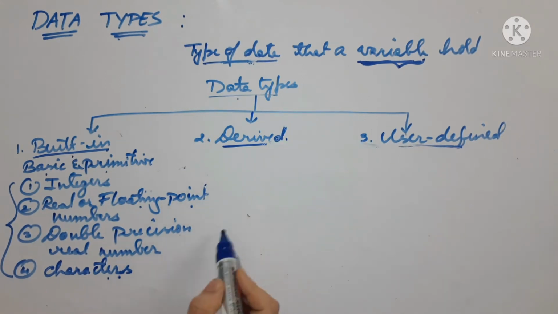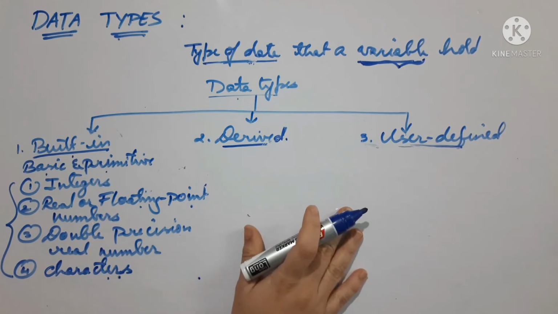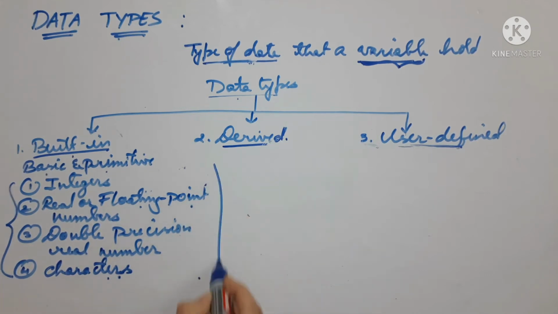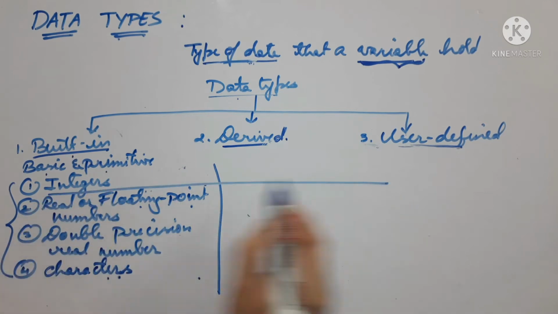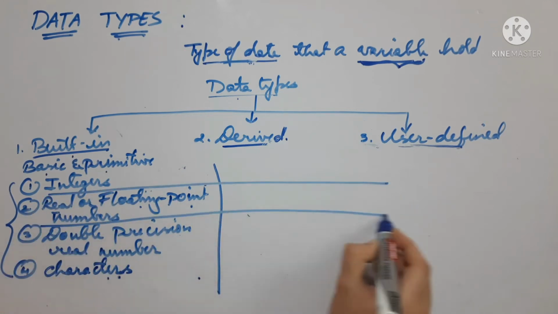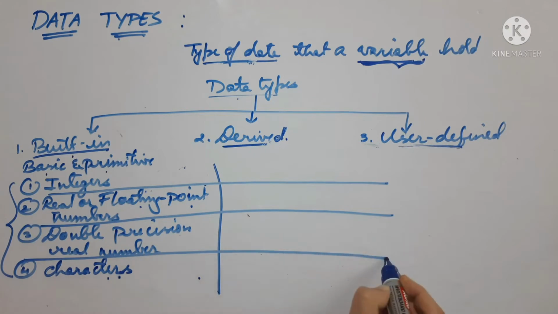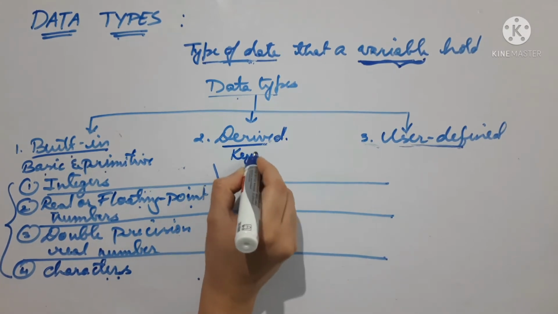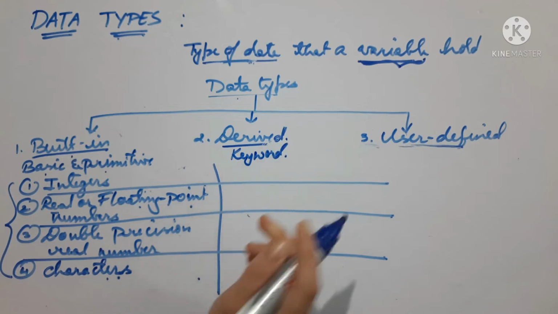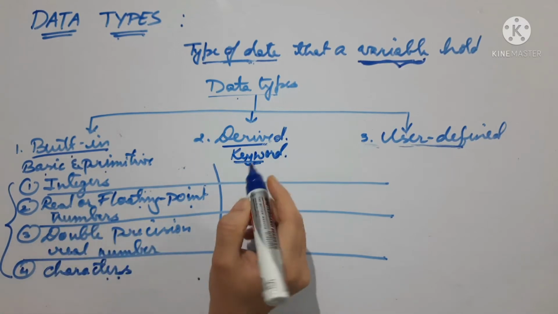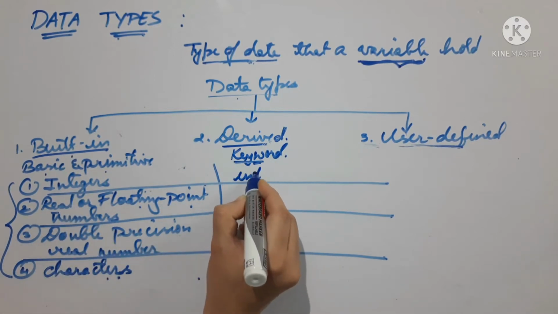Now every data type takes a certain amount of memory space. So how much memory space does it take? Let us discuss them. Now first of all, what are the keywords used? The keyword used for integer value is int.